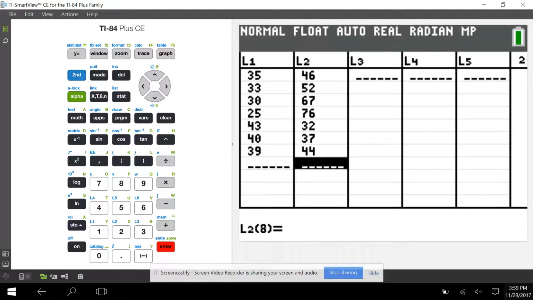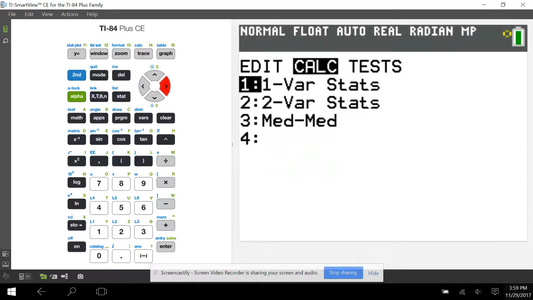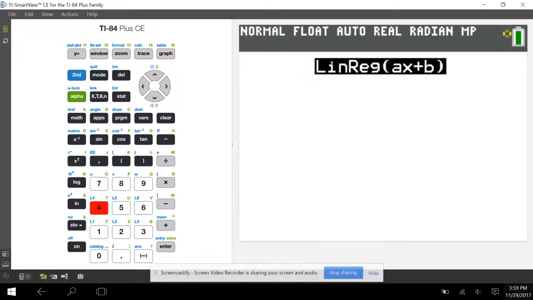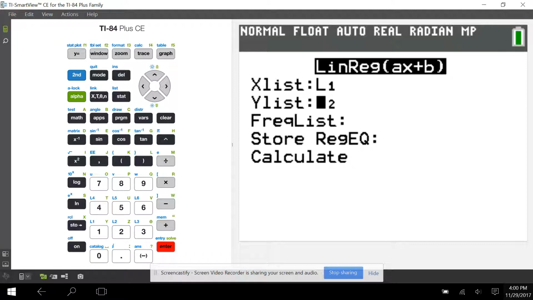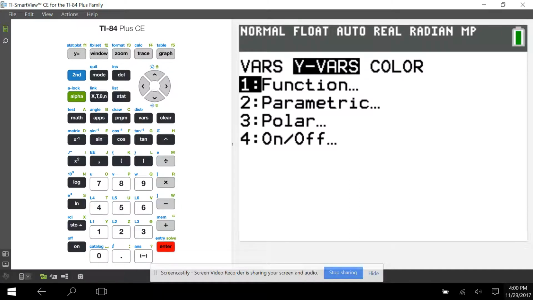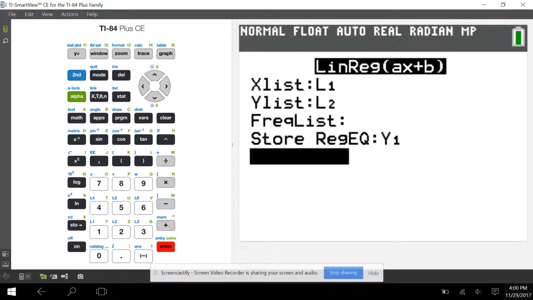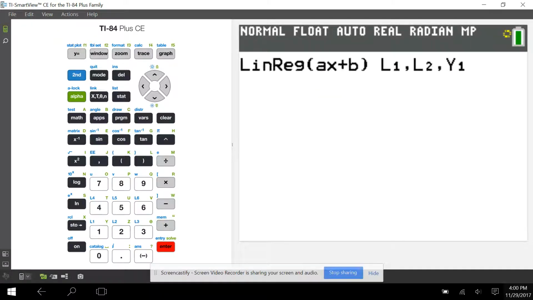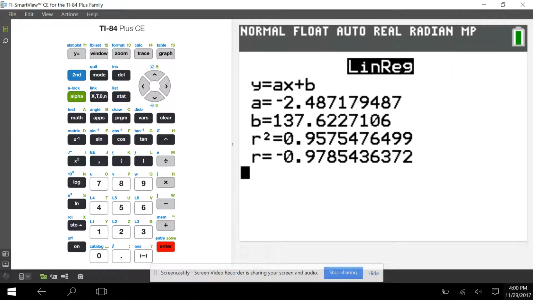Woohoo! Okay. Stat, calc, 4, enter, enter, enter, vars, y vars, enter, enter, enter, enter. My equation is y equals negative 2.49x plus 137.62.